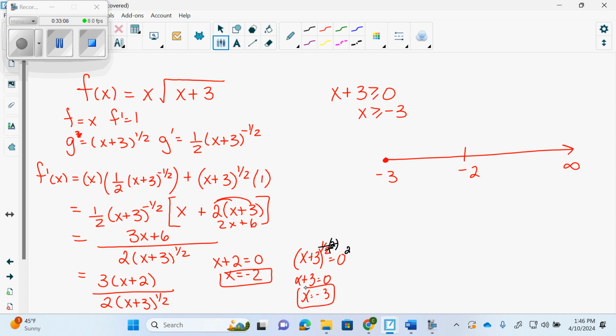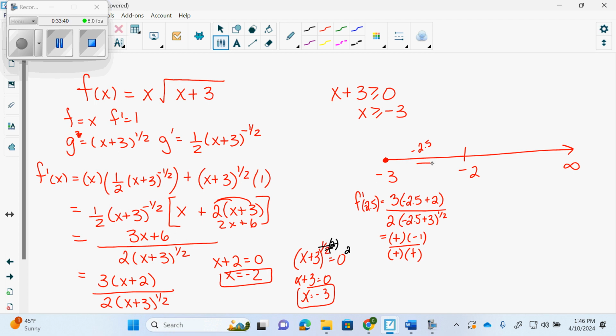Okay, then we plug in our test points. I'm going to plug in -2.5. So I'm going to go 3 times (-2.5 plus 2) over 2 times (-2.5 plus 3) to the half. So I'm going to get a positive times a negative over a positive times a positive, which is a negative.